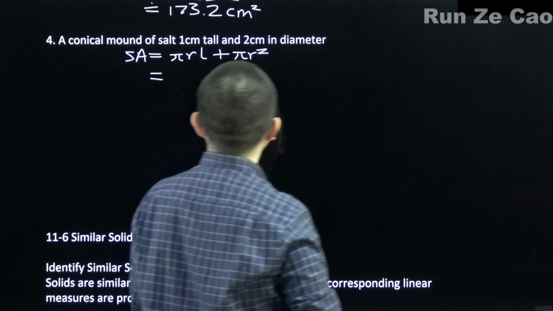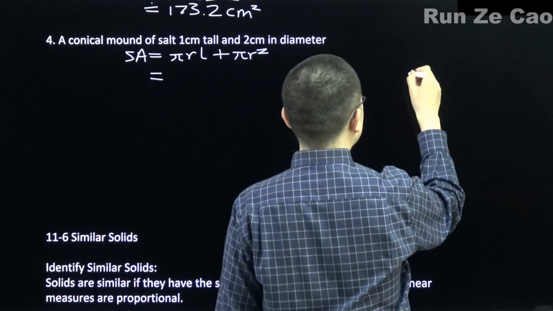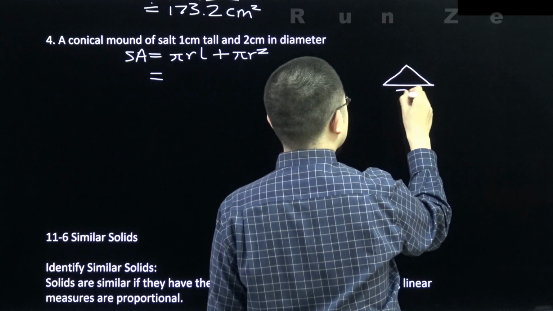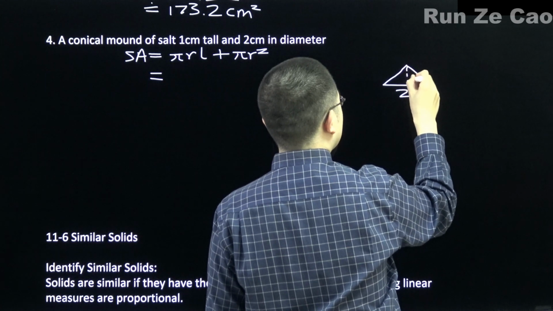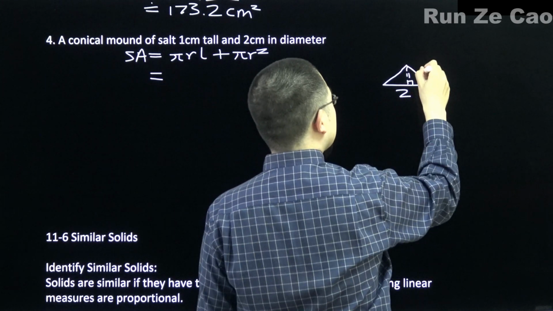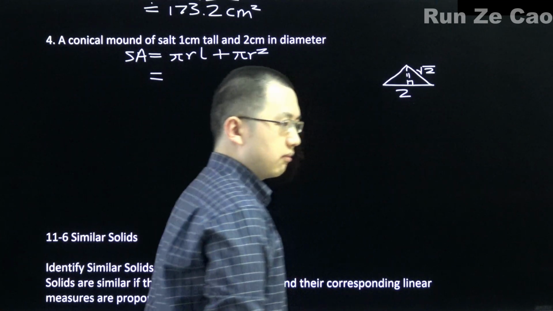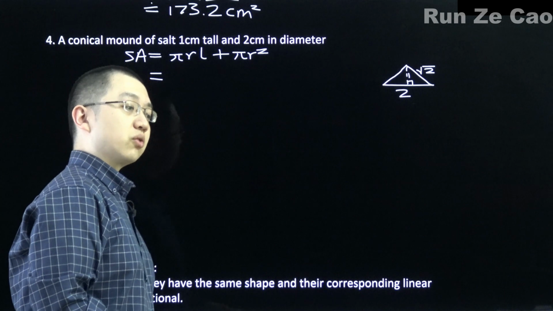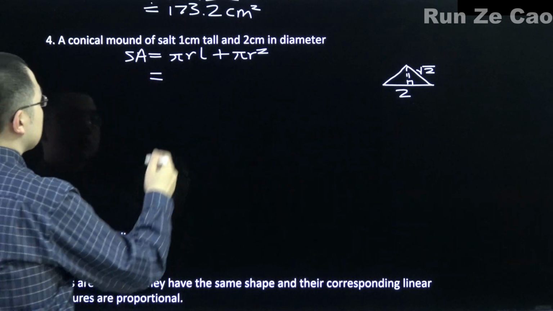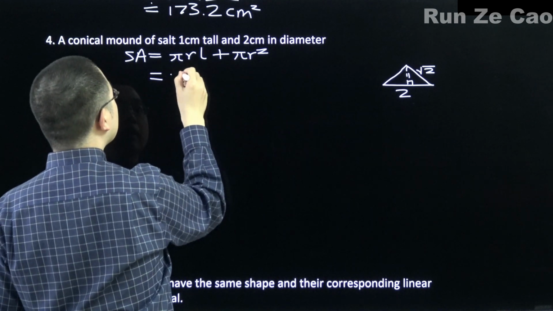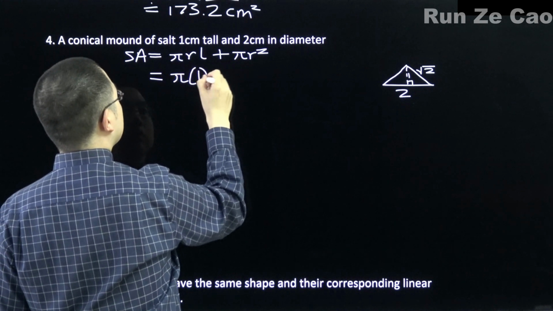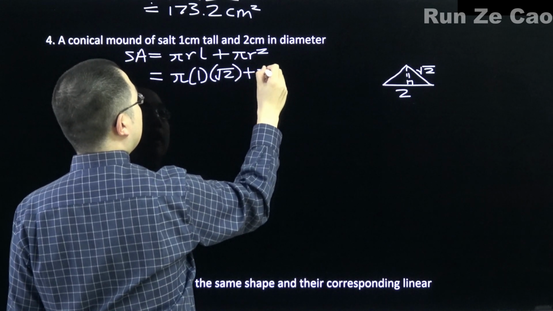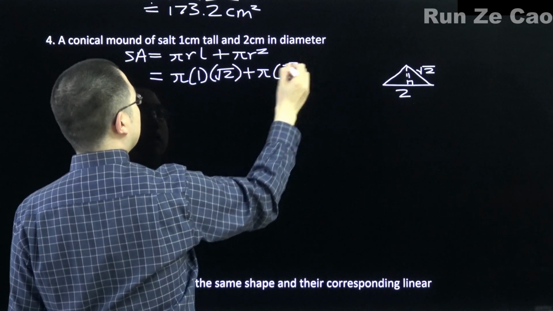What's L though? I mean, it's 1 centimeter tall and 2 centimeters in diameter. So from the side, it's 2 centimeters and 1 centimeter. This is going to be root 2 then, because it's the square root of 1 squared plus 1 squared. So you're looking at pi, R is 1, times L, root 2, plus pi R squared.